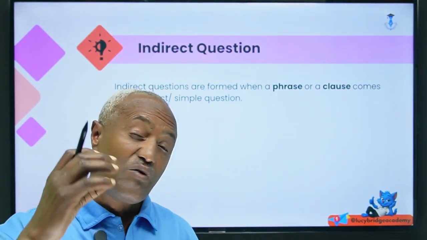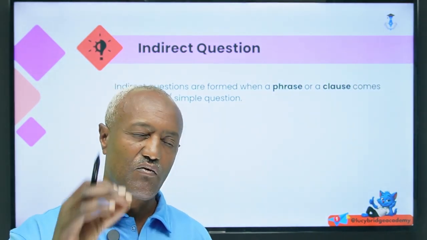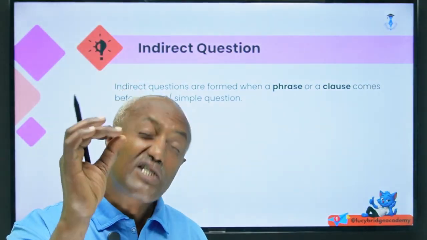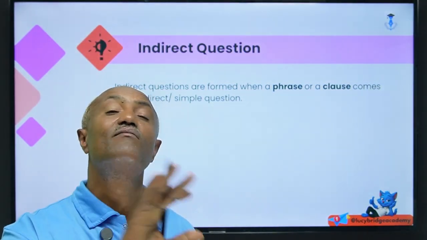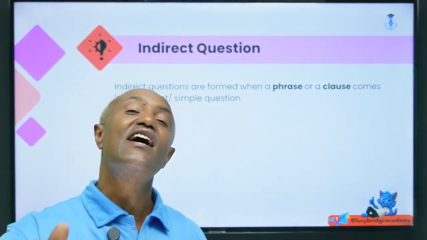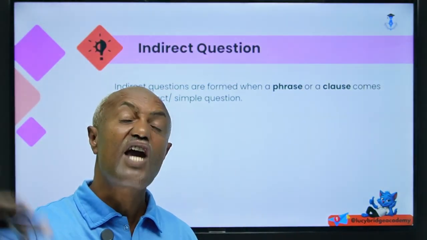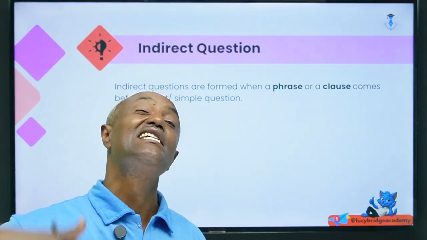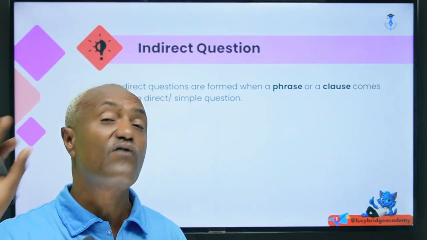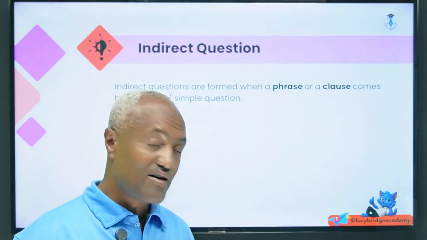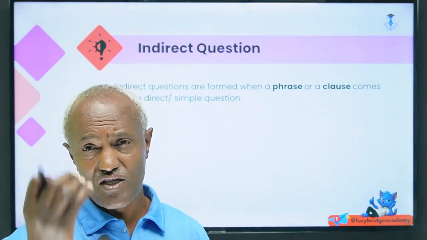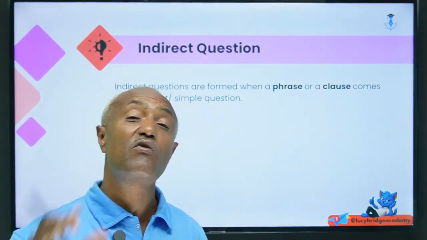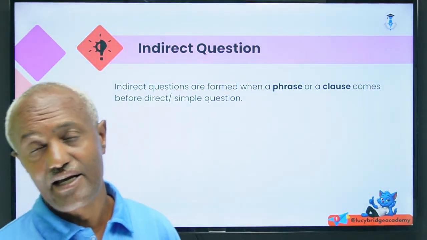When we write a phrase or a clause before a simple question, we form an indirect question, and then the arrangement will be changed. The arrangement of the simple question is changed to subject plus verb form. The concept is this: when a phrase or a clause comes before a simple question, we form an indirect question.